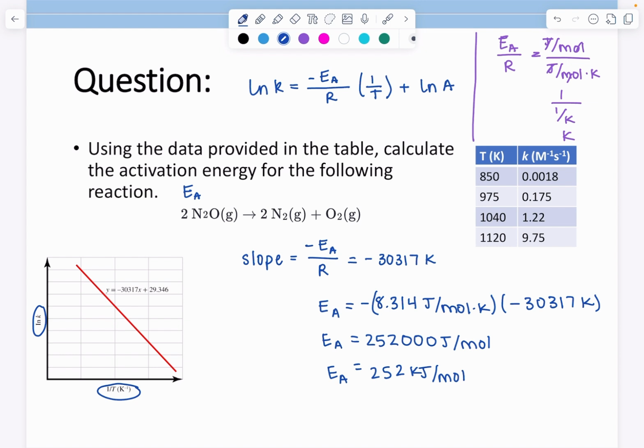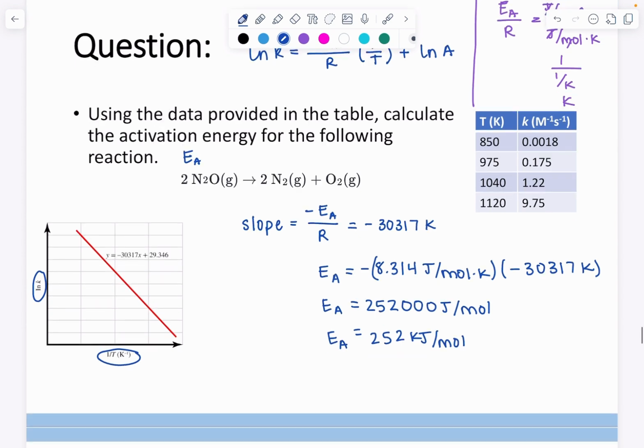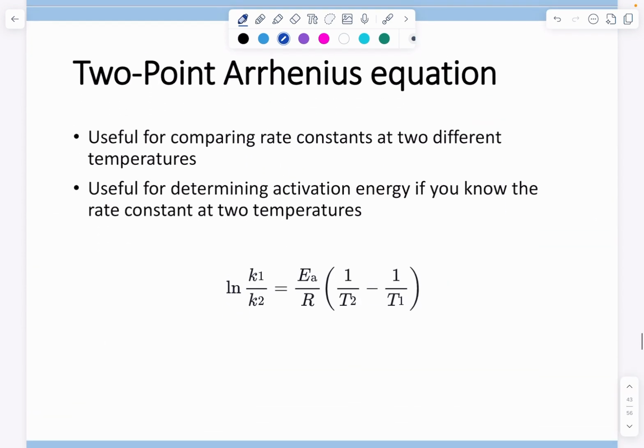There is a 2-point version of the Arrhenius equation. This is useful for comparing rate constants at two different temperatures. It's also useful for determining activation energy if you know the rate constant at two temperatures. So this version, I believe, yes, it is on your periodic table equation sheet.